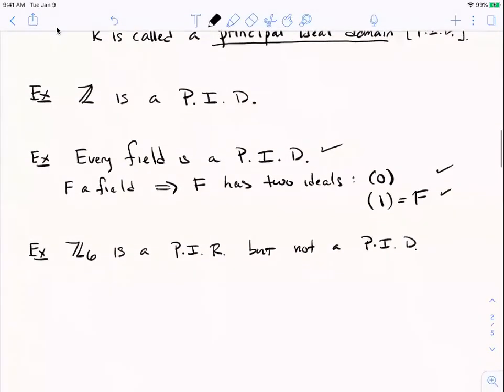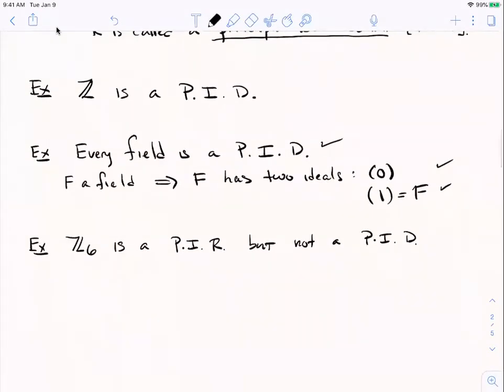If you want an example of a ring that's a principal ideal ring, but not a principal ideal domain, you can look at some of your Zn's. Not all of them, but I picked Z6. Z6 is not an integral domain. Do you know why?